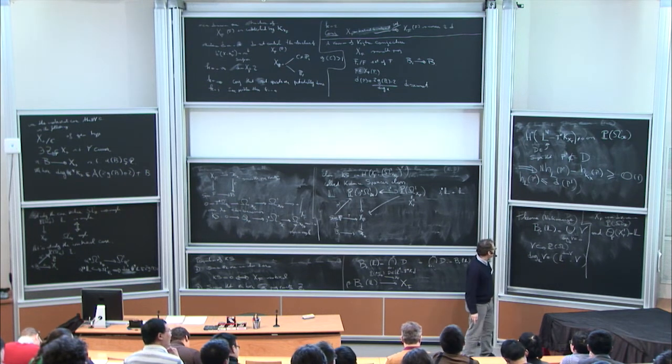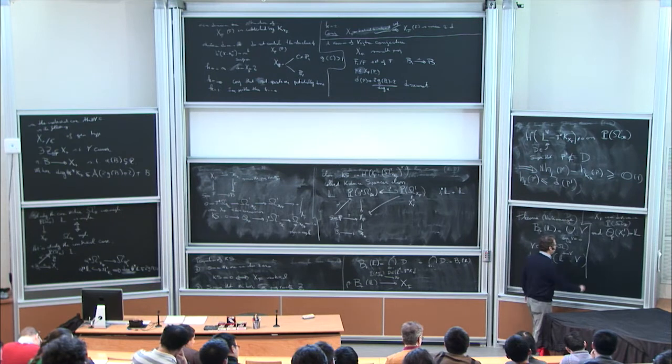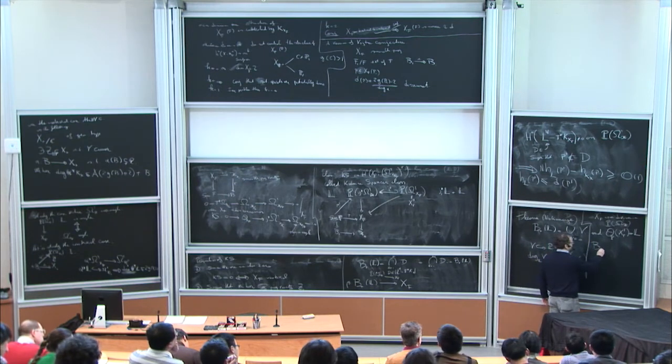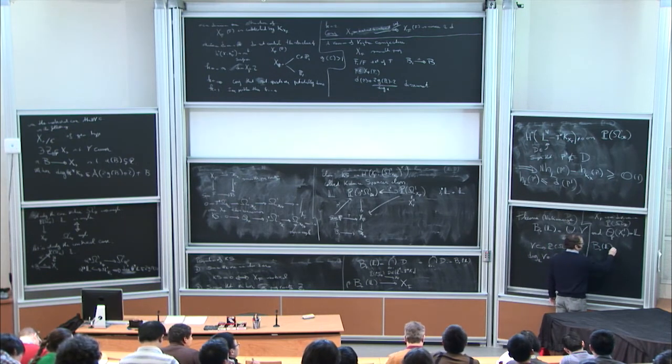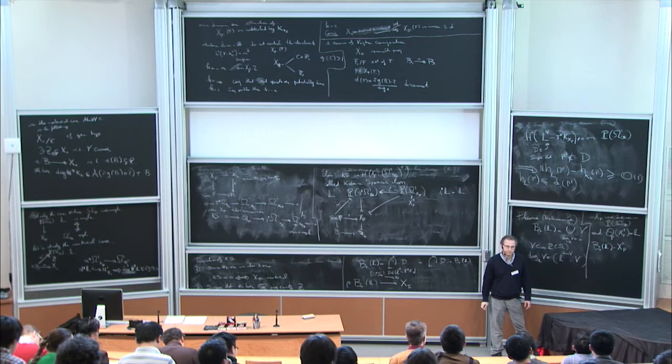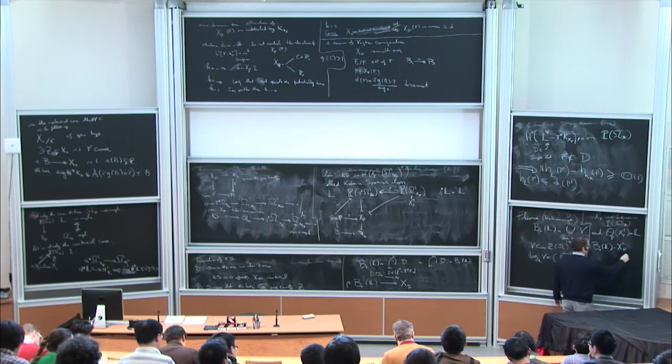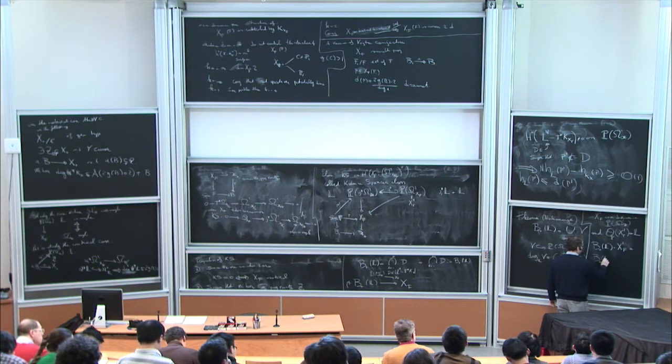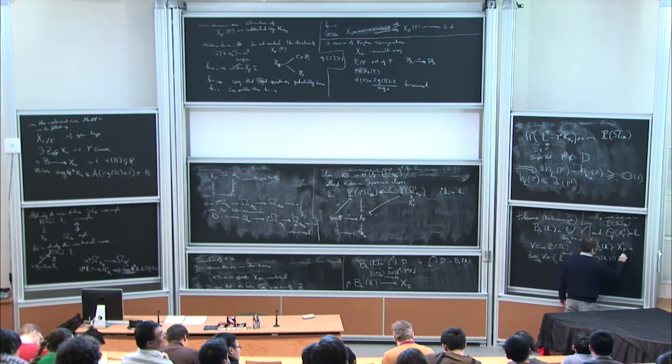So you can look at B plus L intersected with x1f. This is just B plus L intersected with x1f.